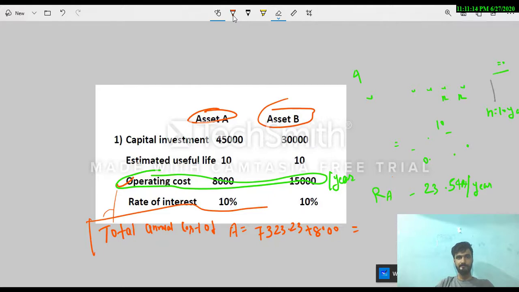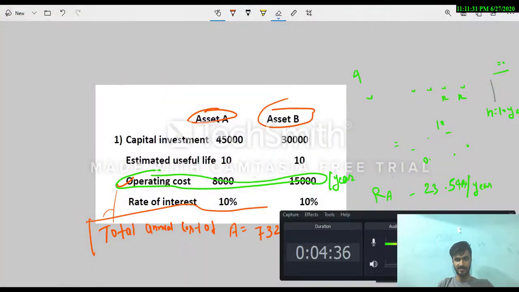So here for asset B, you can see there is 30,000 rupees given for asset B. The total amount of money for asset B is 30,000 that is given.